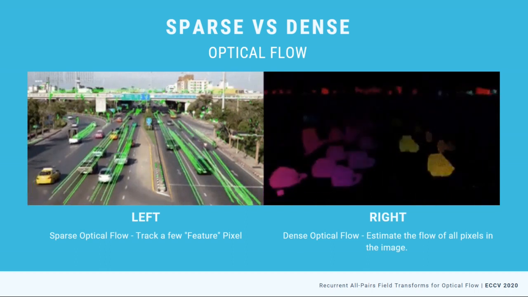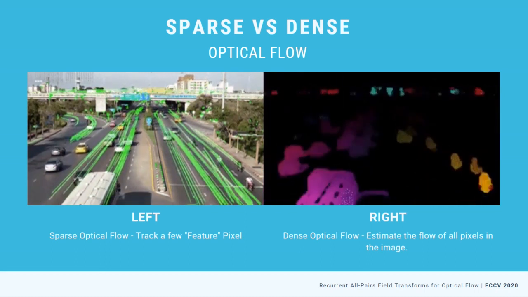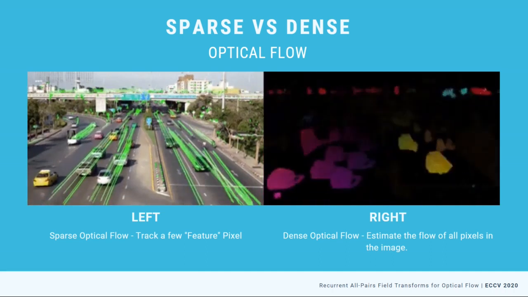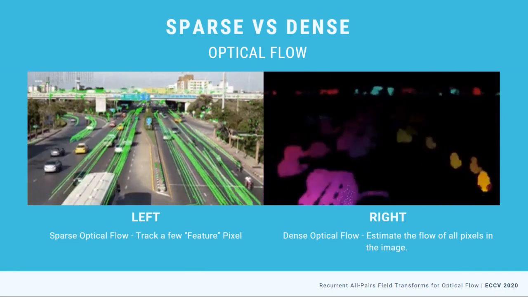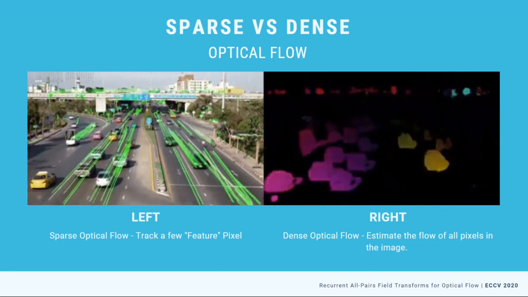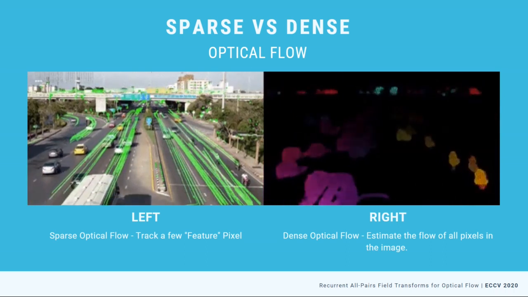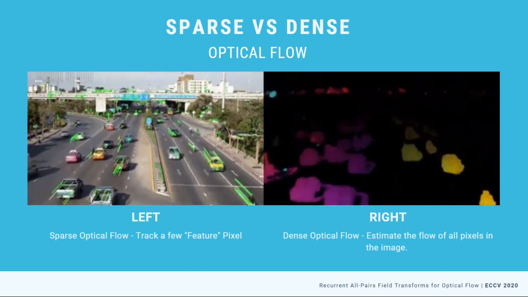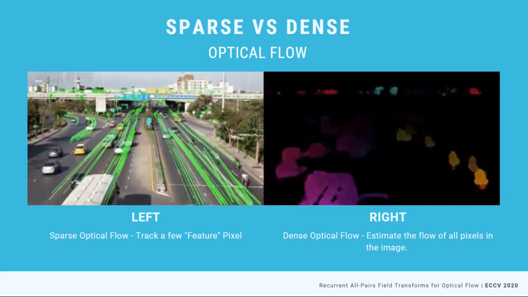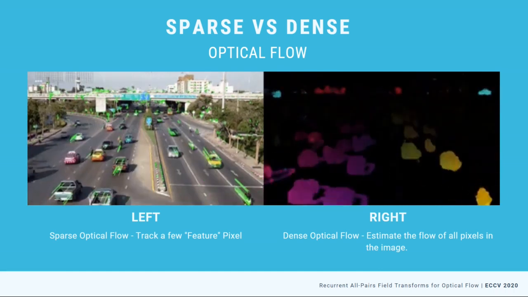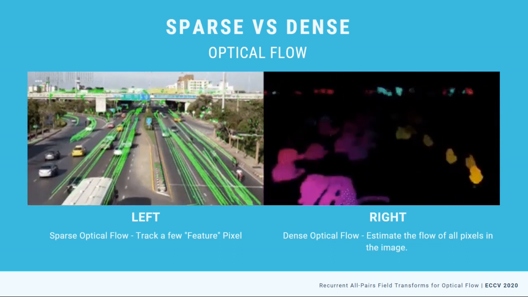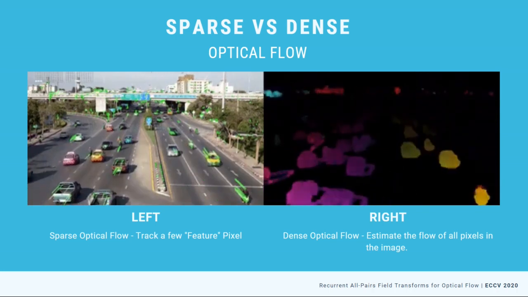So what are sparse and dense optical flow? Depending upon the application, we can predict a sparse optical flow by selecting a few pixels, edges and corners of an object, or we can predict a dense optical flow by predicting the per-pixel flow vector of the entire frame.